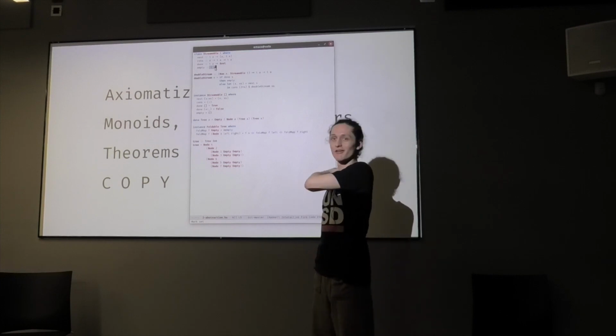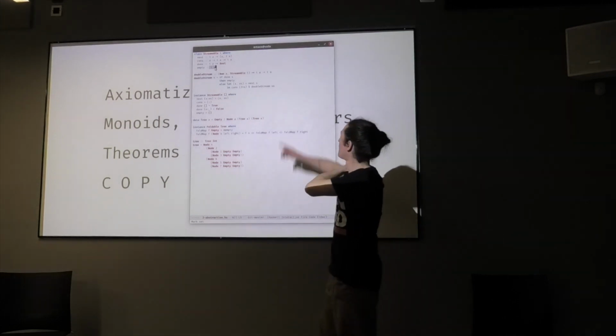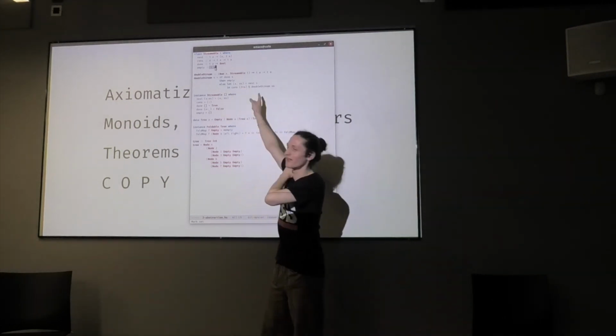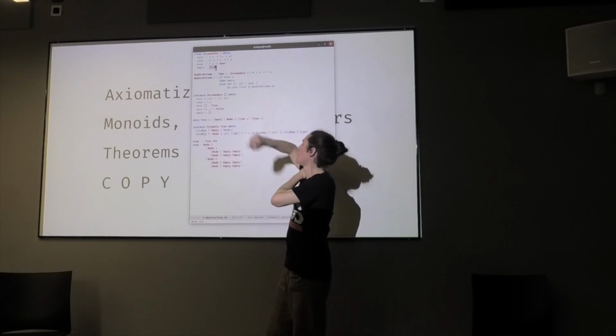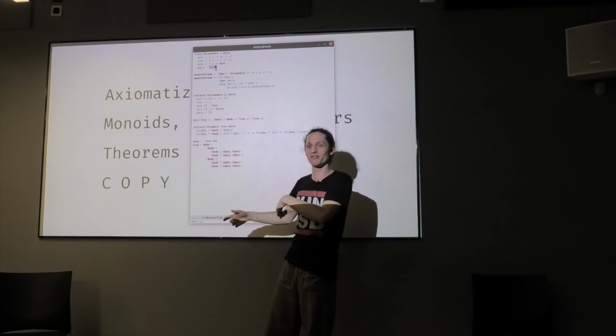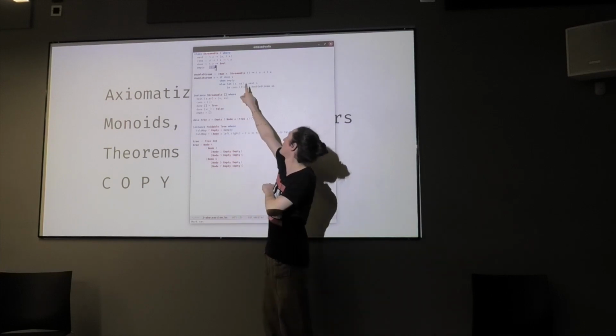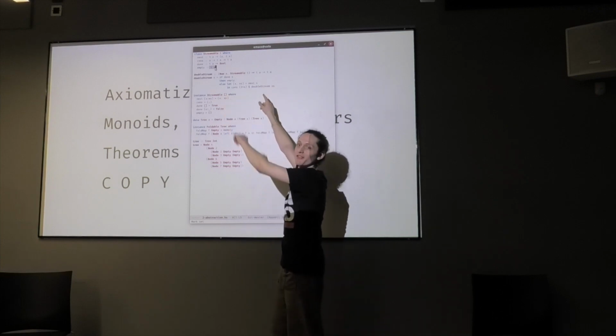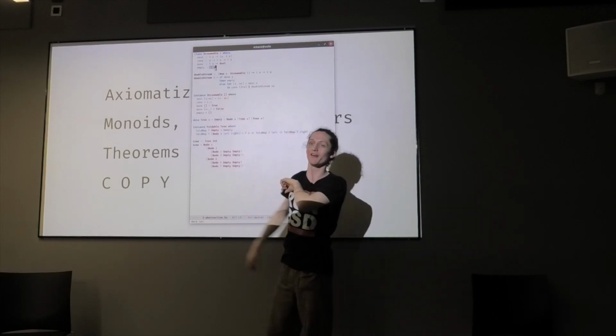What's the dollar do? What's the dollar operator? So the dollar here is basically just normal function application, but the difference is that it's lower precedence. So I could here just surround double stream x's in parentheses. The dollar just lets me not do that, basically.